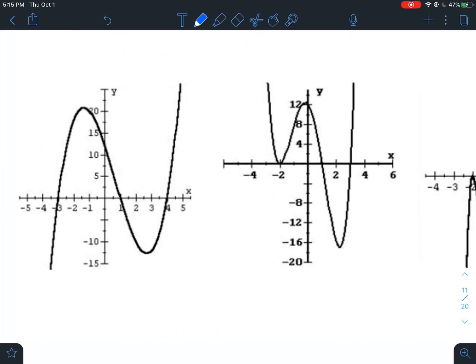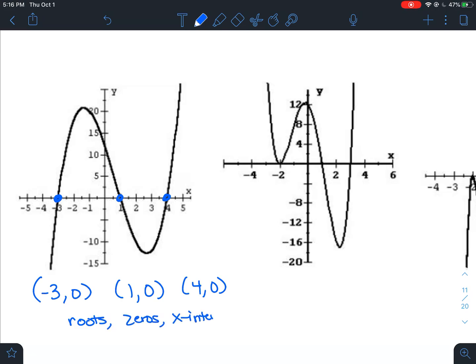So if we look at this first picture, the zeros, or the roots, or the x-intercepts for this graph, would be the points (-3, 0), (1, 0), and (4, 0). If I look at the next one, where it touches the x-axis are at -2, 1, and 3.